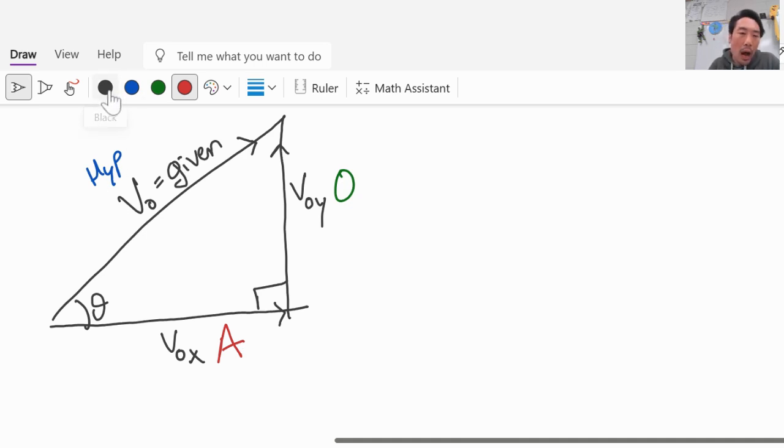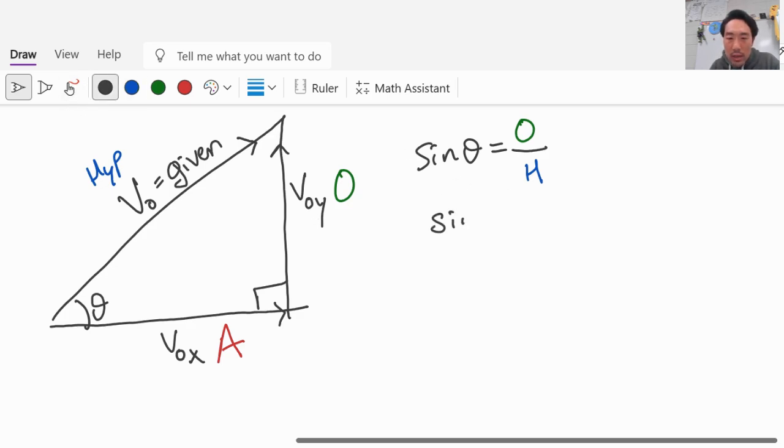So I'm going to do the trig function: sine of theta is equal to opposite over the hypotenuse. So if you're trying to find VOY, I can rewrite this like so. Sine of theta is equal to the opposite side, which is VOY, over the hypotenuse, which is just VO.